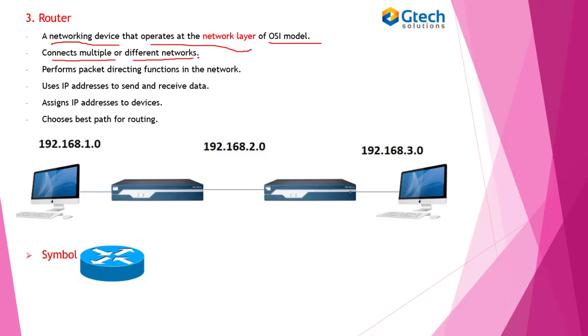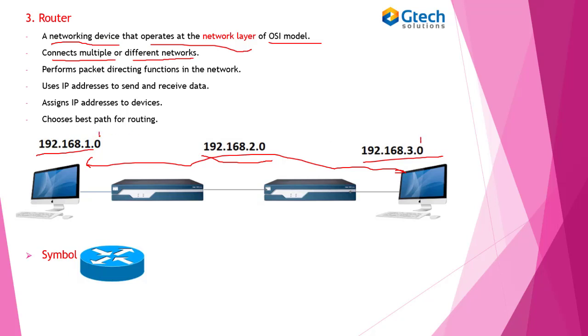Okay, so these are different networks, and these are class C IP addresses. By default, when you have a direct connection from this computer to this computer, having this particular network, let's say the IP address will be 192.168.0.1 and this one will be 192.168.1.1.